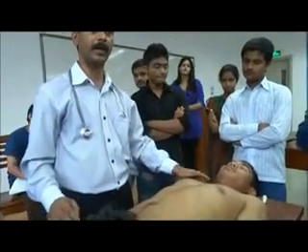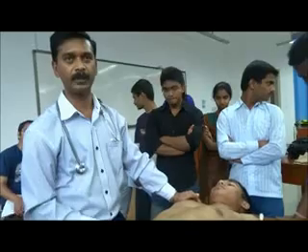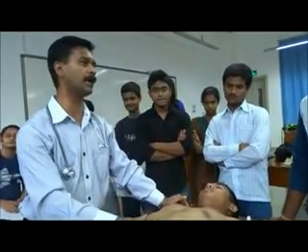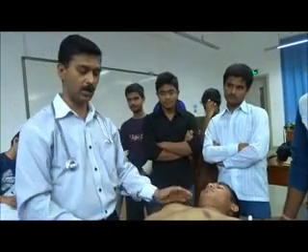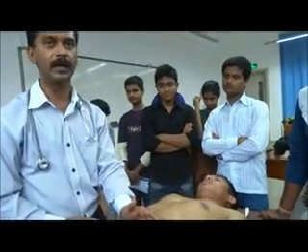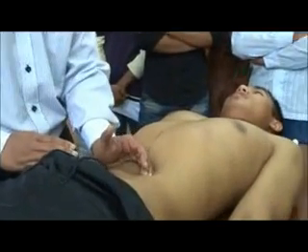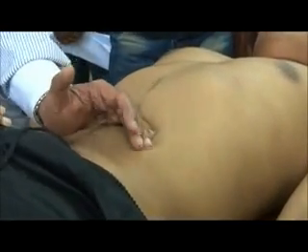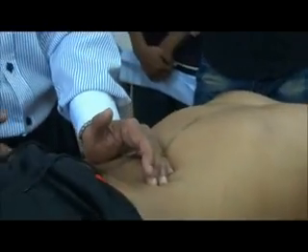The bladder cannot be palpated if the bladder is empty. If the bladder is empty, you cannot palpate the urinary bladder. But if the bladder is full, then you can palpate it like this way, and then you can feel the upper border of the urinary bladder and the left border or lateral border of the urinary bladder, and lower border cannot be palpated.